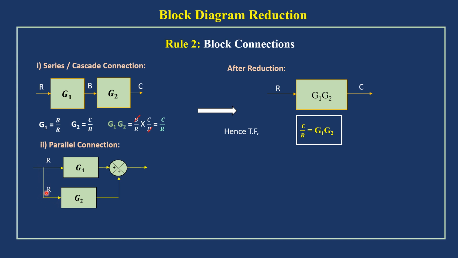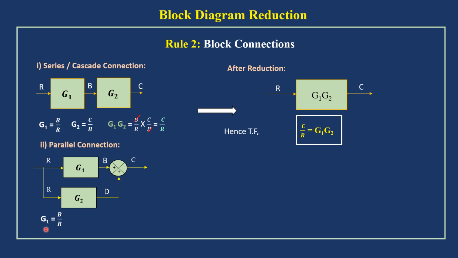The same signal will be flowing through this. R is given for G2, R is given for G1, and the intermediate output signals I have termed as B and D. Okay. So after the summing point, what is the summing point output? It will be C equal to B plus D.